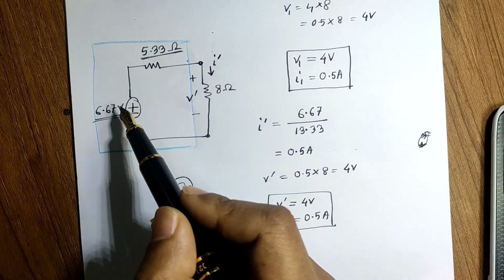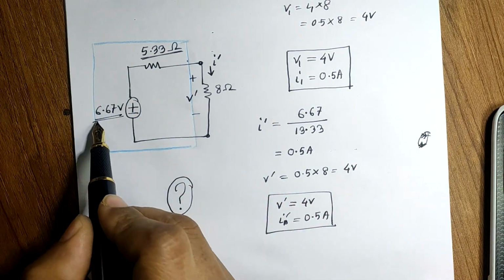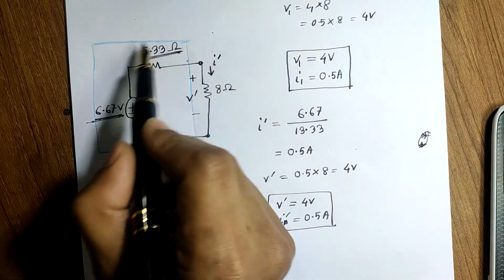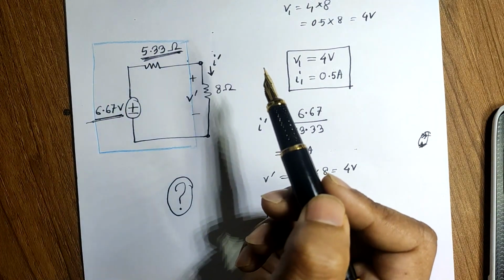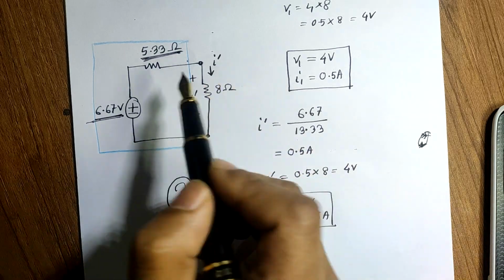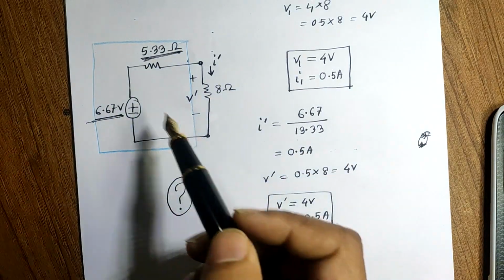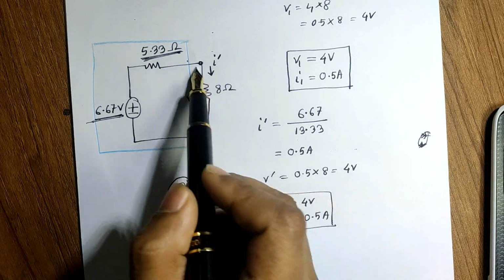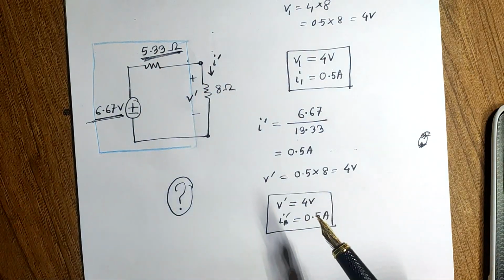You cannot just randomly put any voltage or any resistance here to find the equivalent circuit. So there are some methods to determine the Thevenin's equivalent circuit.